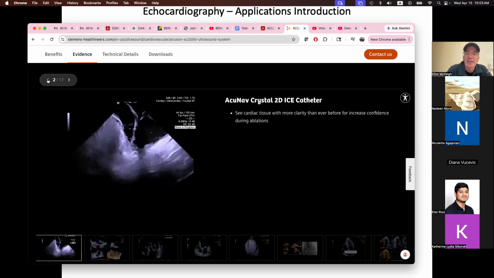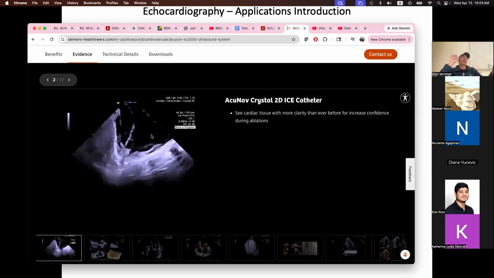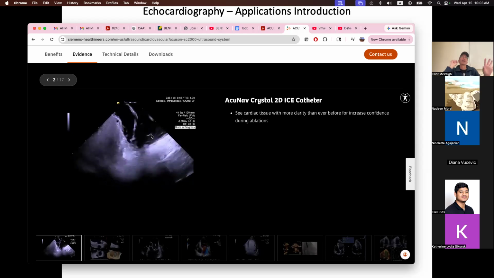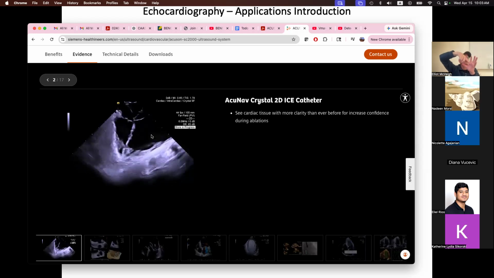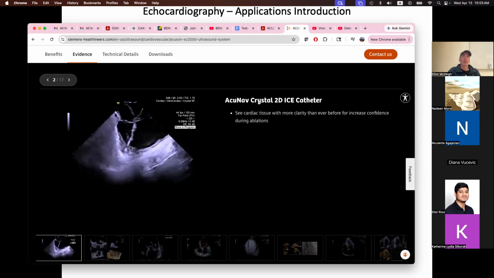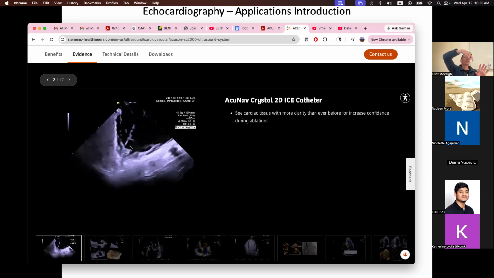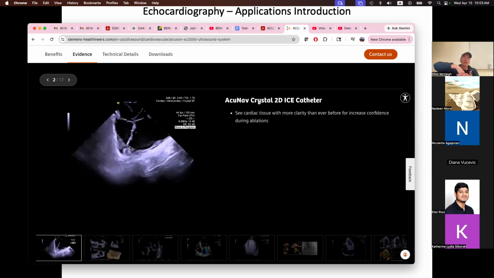Wow, look at that. This is an ICE catheter, which means that the catheter is actually intracardiac. So it's a wire with an ultrasound transducer on the end of the wire, and you push it up and put it into the heart volume and look around with it. And these are the type of images you get. This is likely an ablation catheter, which has also been put into the heart, and we're going to touch the wall of the myocardium and inject either RF energy to heat the tissue, to cook the tissue.